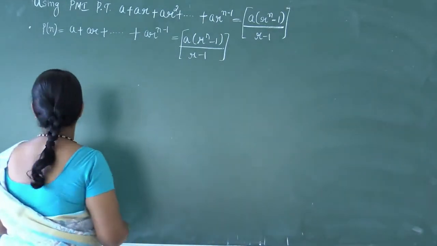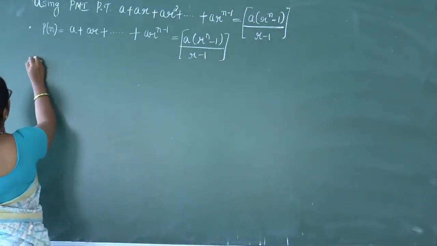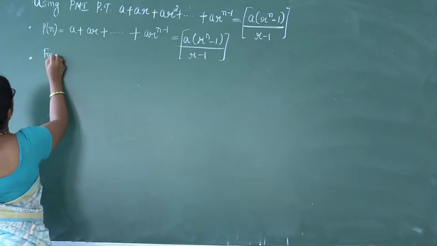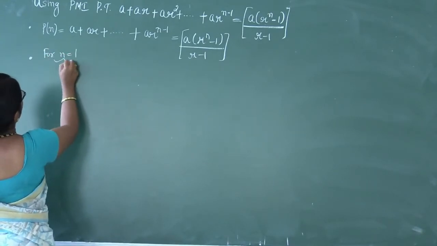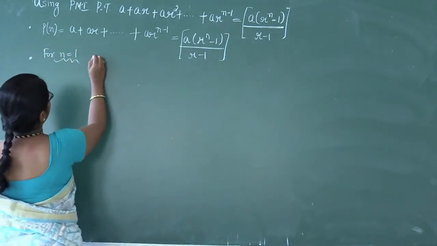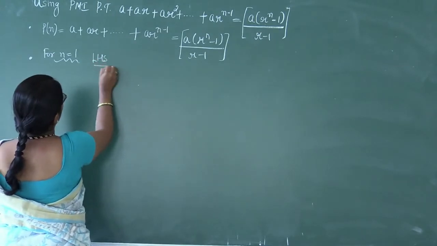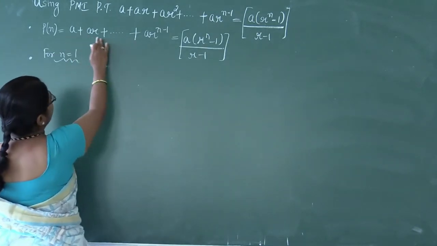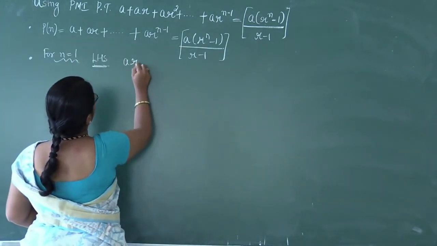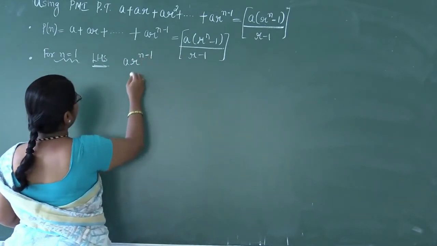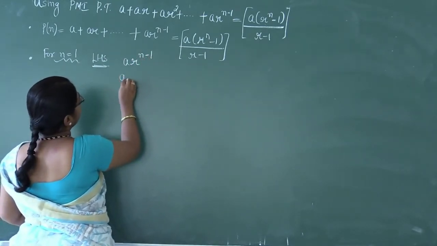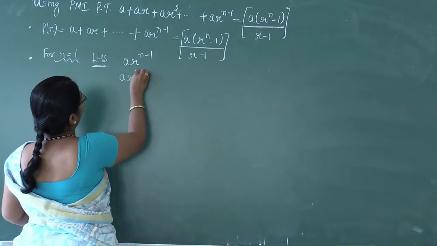So for n equal to 1, we shall check LHS. What is LHS? That is the nth term, AR to the power n minus 1. N takes the value 1, AR to the power 1 minus 1.